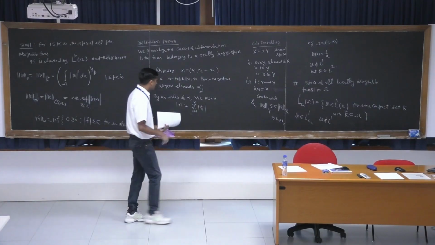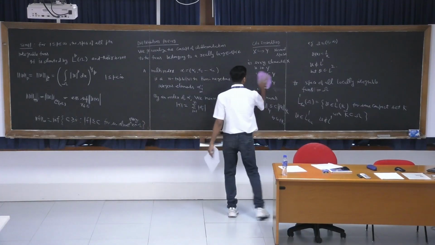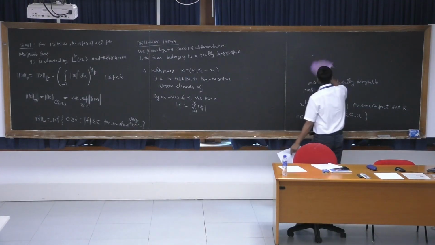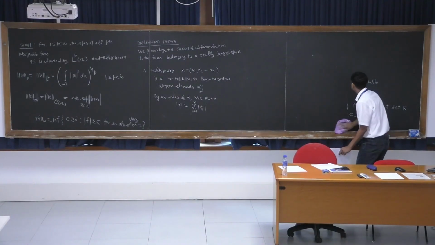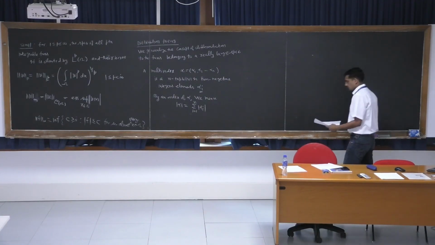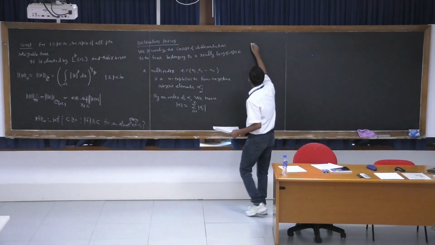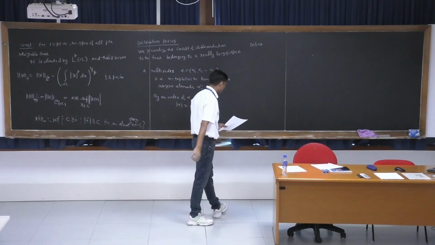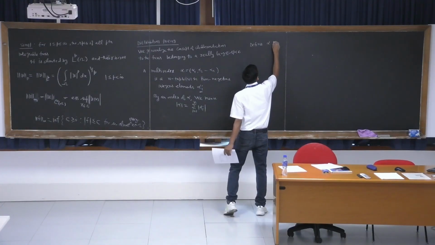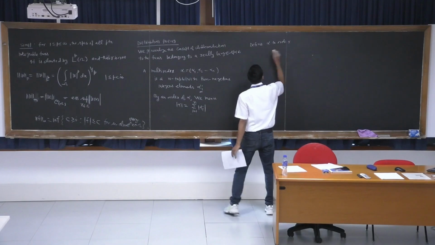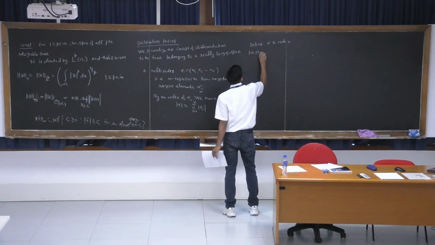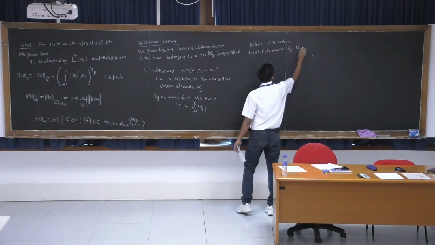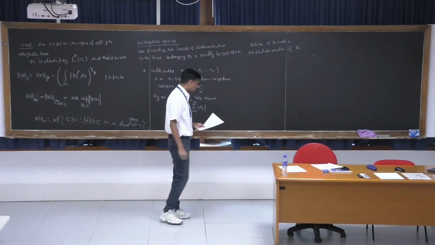For example, I have to define the alpha-th order partial derivative of a function u.